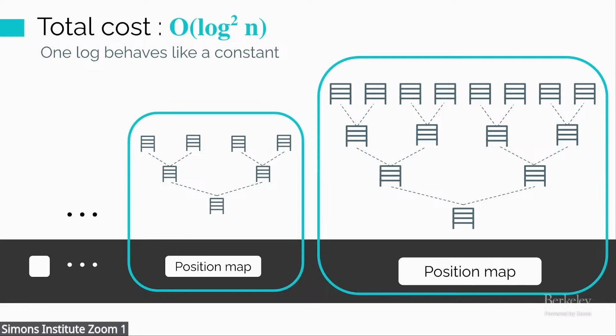I want to emphasize that the log for the depth of the recursion actually has a large base, because in practice the block size, for instance for SGX, is 4 KB. The recursion depth is just 2 or 3 in practice. So really in practice, this scheme behaves like a single log n performance.